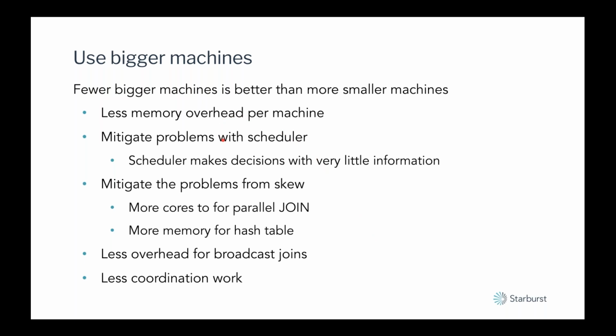The big win is big machines mitigate the problems of skew and mitigate the problems with the scheduler. In terms of the scheduler, Presto is basically sending work out to these machines, and it doesn't have up to the minute information about the machines. It has old information, and so therefore it can make bad decisions.